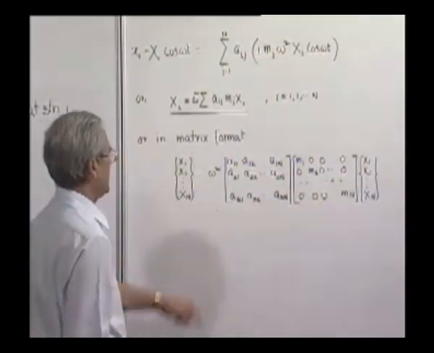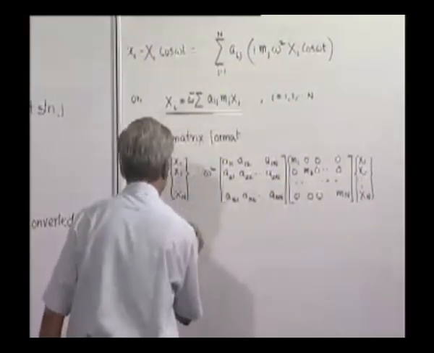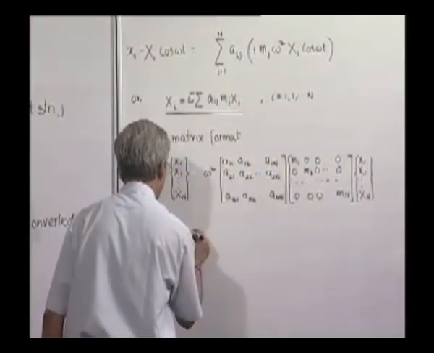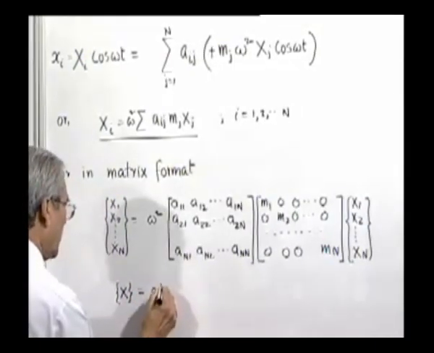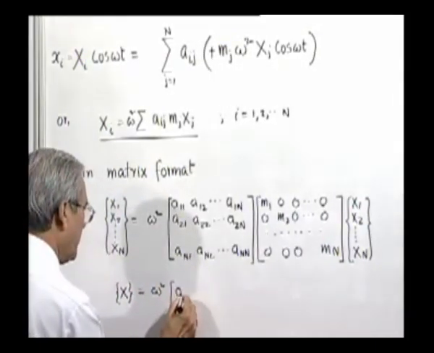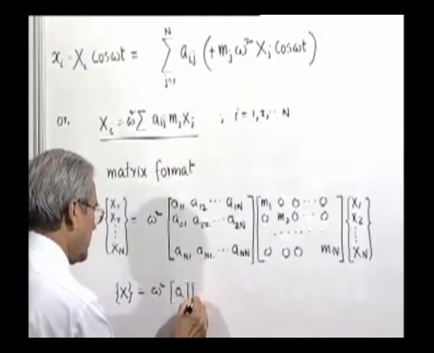This is the expanded form. In short form, we can write this as x equal to omega square, this is the A matrix, this is the M matrix.